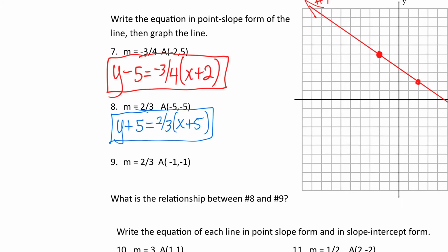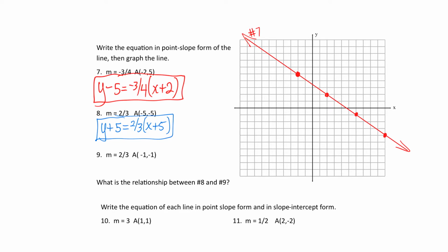All right. So again, (-5, -5) is one single point on this line, so I'm going to plot that point. Over 1, 2, 3, 4, 5, and down 1, 2, 3, 4, 5. Good. Go up 2, 1, 2, right 3, 1, 2, 3, and repeat.